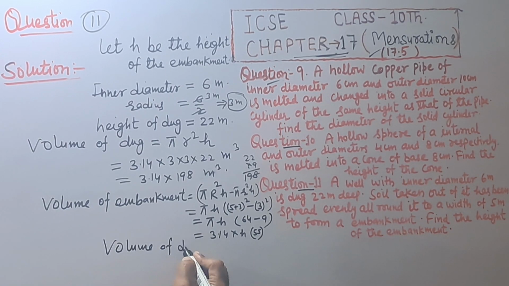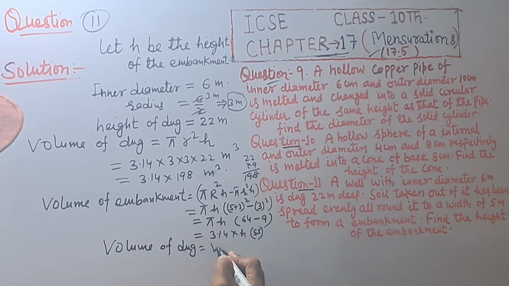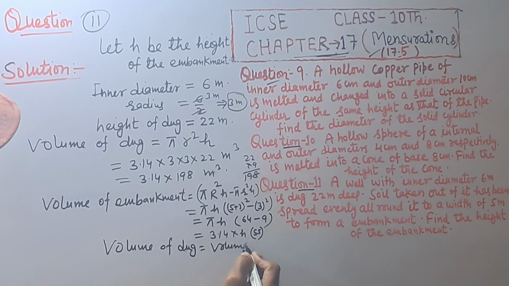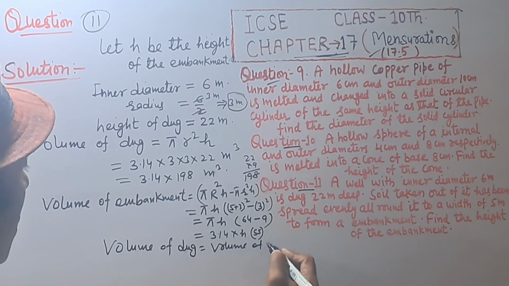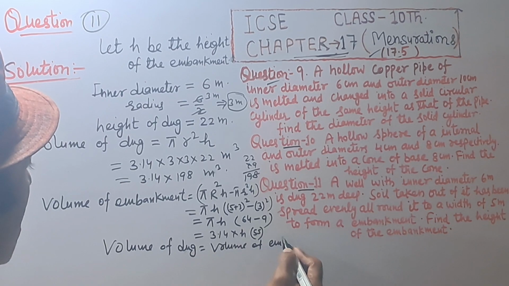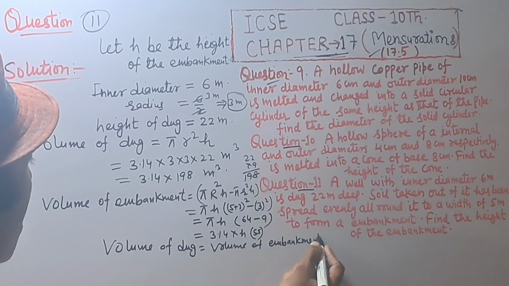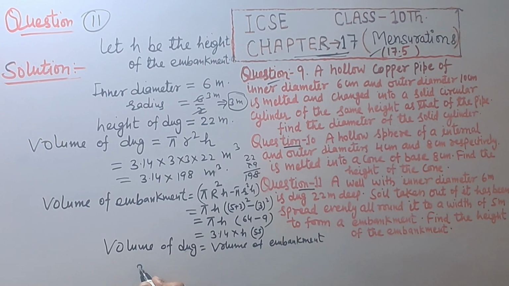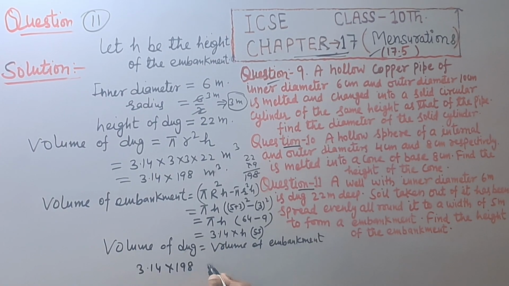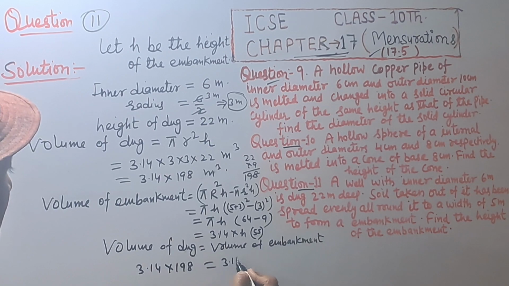Volume of the well equal to volume of the embankment, that is 3.14 into 198 equal to 3.14 into h into 55.